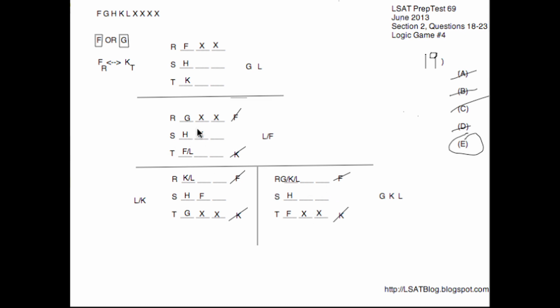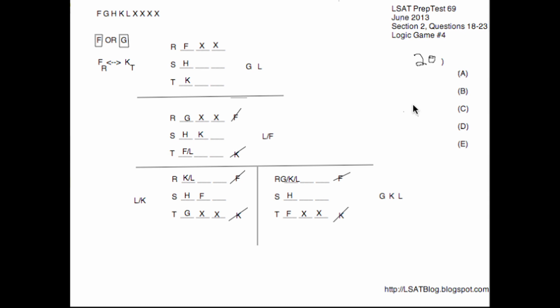Same goes for the diagram where G is alone on R. If we put the L on S, then had F alone on T, that would not be okay because we can never have F alone there. So you still have to remember the F or G exclusivity there. Always keep that in mind. So E is bad for that reason. It cannot occur, therefore it's our answer for 19.